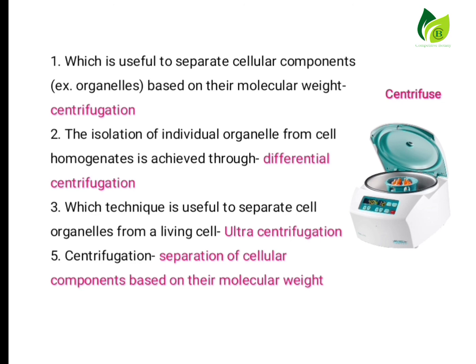The next question: which technique is useful to separate cell organelles from a living cell? Ultracentrifugation. The next question: centrifugation is a process of separation of cellular components based on their molecular weight. These are the previously asked important questions from centrifuge.